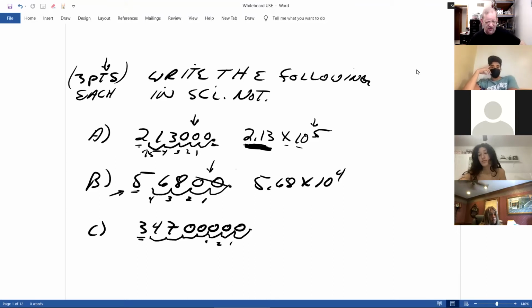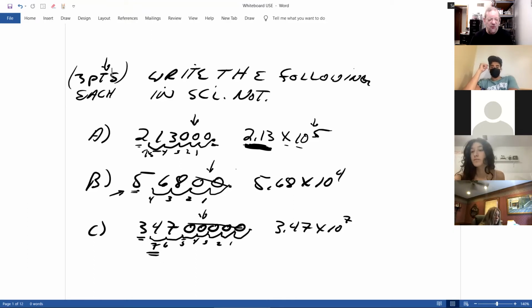Zeros at the end without a decimal are dropped. So this would be 3.47 times 10 to the n. What is the n? The number of times we moved it. That was 7. And that's how you do scientific notation for a number that's greater than 10. Let's continue.